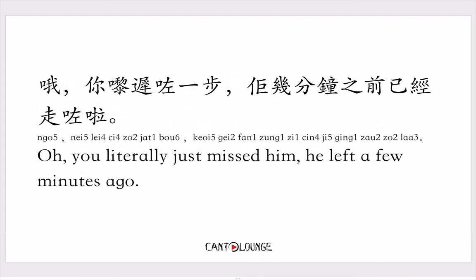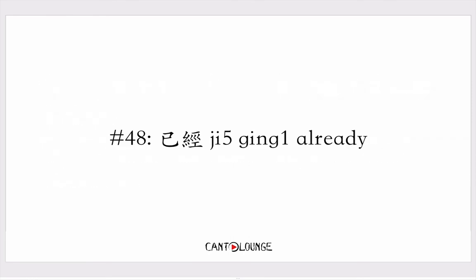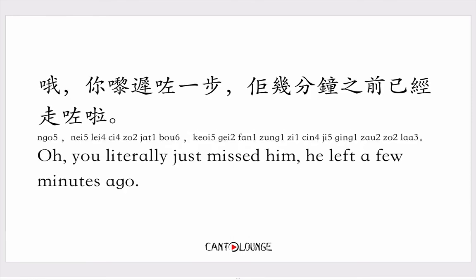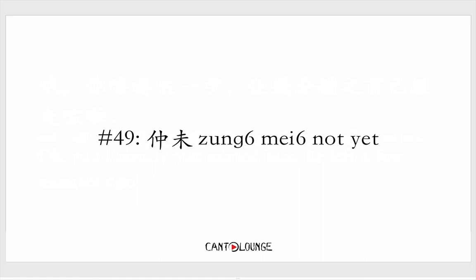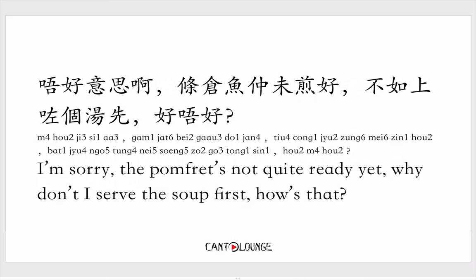Moving on. Wasn't that 已經? Very strange. Excuse me. Duplicated it. 仲未, not yet. Moving on. Again, fairly straightforward, but again, very, very important how you guys know how to say this in Cantonese.